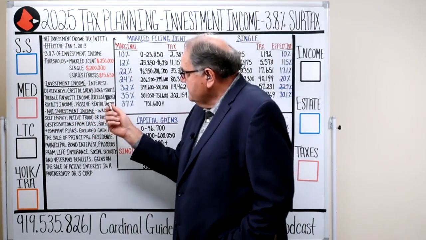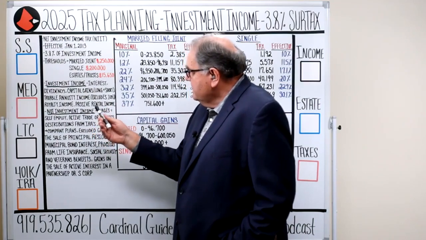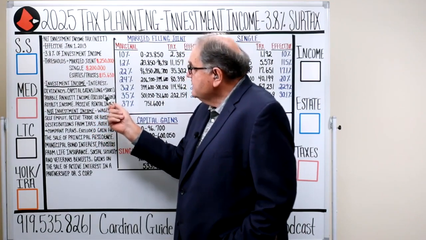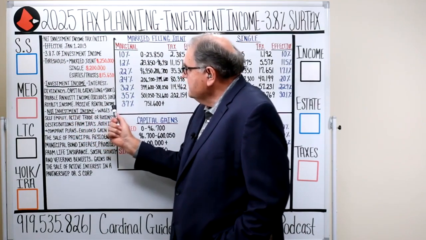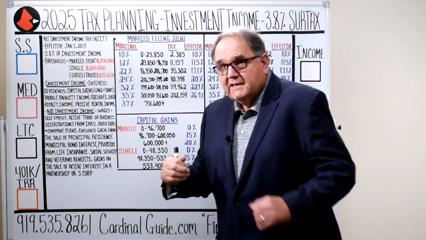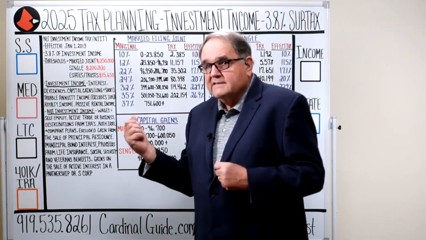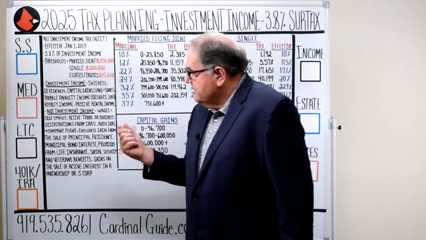So if you have an annuity in an IRA, you're not going to be paying this 3.8%. Royalty income, passive rental income. So it's pretty much interest, dividends, and capital gains where this becomes a factor. For high net worth people with pretty large income and a lot of investments not held inside of an IRA, this tax is very relevant.